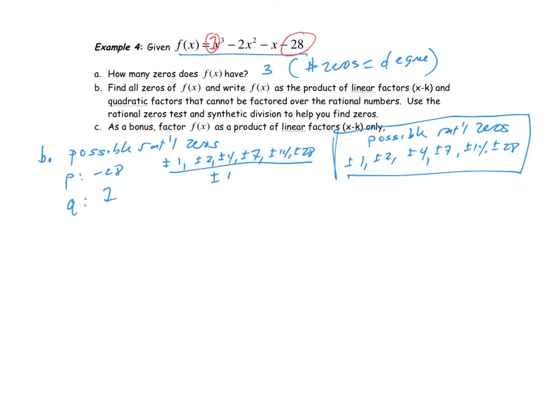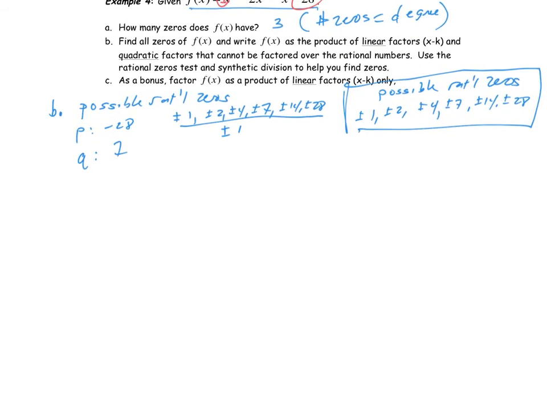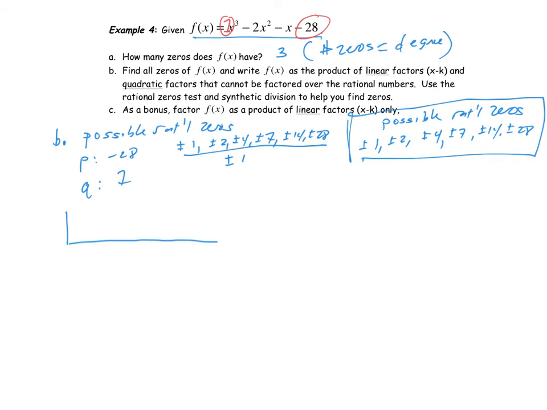So we're going to take this and we're going to start with synthetic division. And when we're doing synthetic division, we're trying to get a remainder of 0 because that means we found a 0 and a factor. So I'm going to go ahead and write the coefficients across the top row. So those are the coefficients from our polynomial function here.